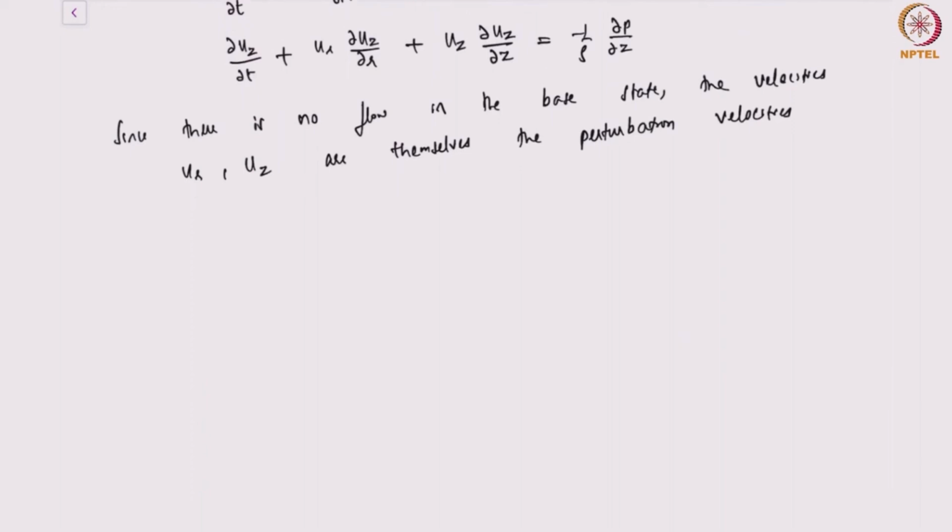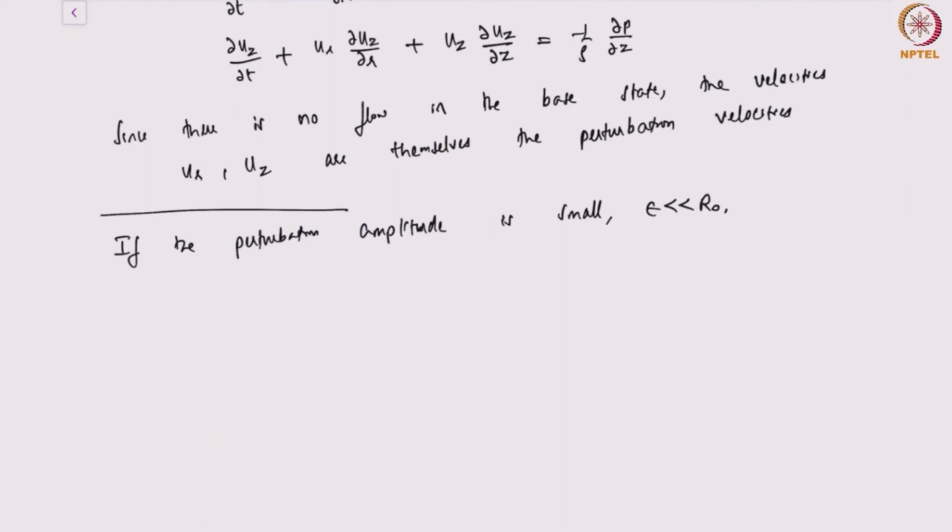We also said that if the perturbation amplitude is small, that is epsilon is much smaller than r naught, then the perturbation velocity inside the filament will also be small.